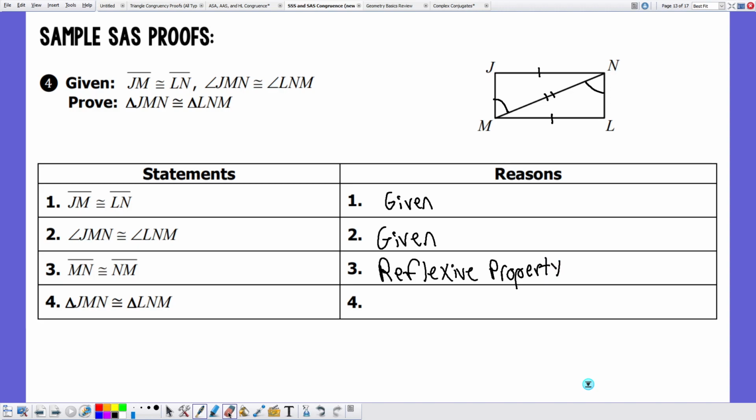Oh, sorry. Now I know why I was getting confused here, because I marked the wrong sides. Alright. JM is congruent with LN. There we go. Okay.